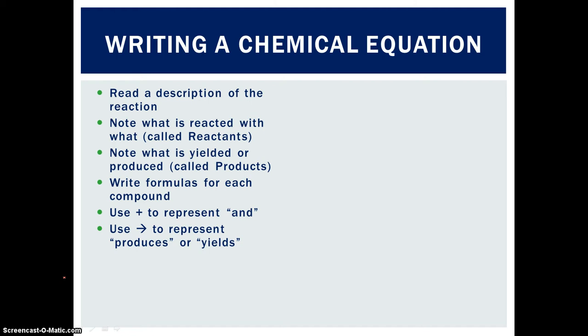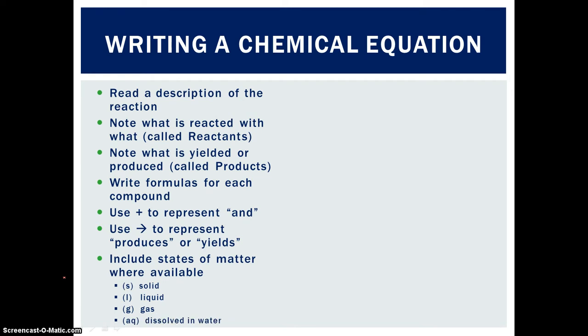And we're going to use the arrow to represent the "produces" or "yields", going from reactants to products. And where available and where necessary, we'll include states of matter, whether it's a solid, liquid, gas, or something called aqueous, and we'll do a little bit with aqueous this week. What it really means is just dissolved in water.